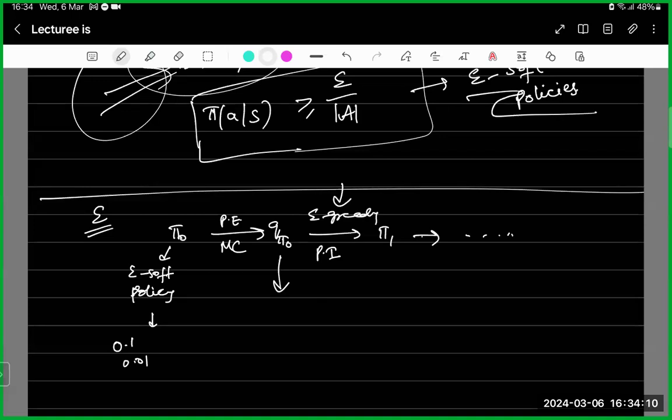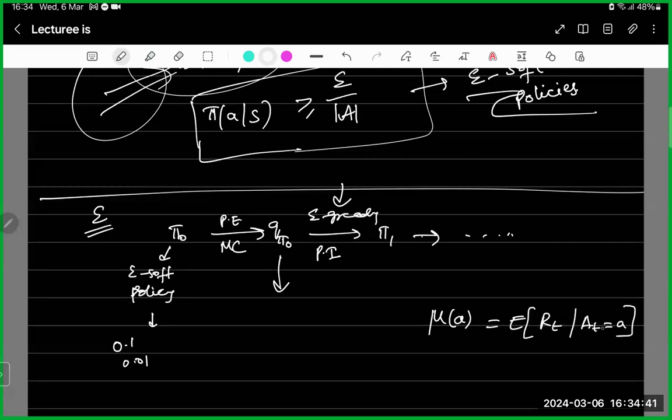True Q pi naught is the true expected reward estimate. Yeah, it is the same definition which we are using, right? What is the true expected reward of an arm? In that sense, this is what I was calling mu of a, the true mean of that reward. Similarly, in our bandit setting, mu of a is the expected R_t given A_t equal to a.